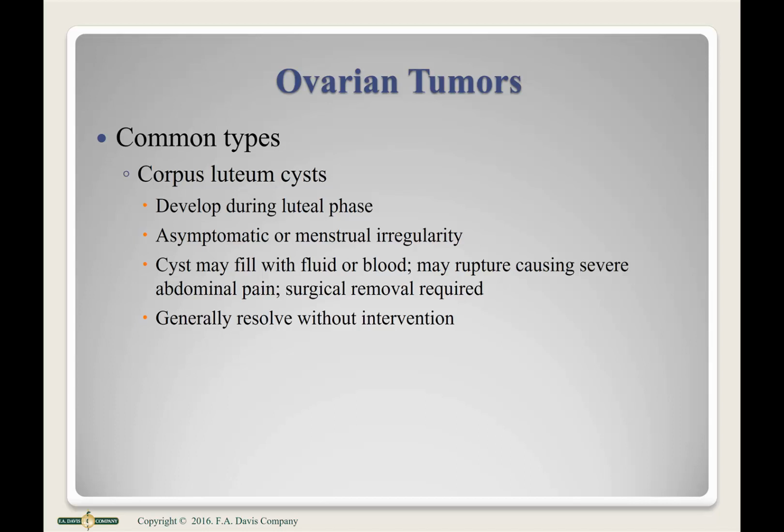Now, similarly, there's the corpus luteum cyst. So that follicle did mature. It did ovulate, and now we're left with the corpus luteum. Then, instead of that corpus luteum eventually degrading and going away, it kind of gets filled with fluid or blood, becomes a big old cyst, and those may rupture and cause pain.